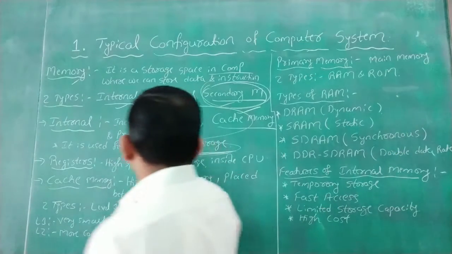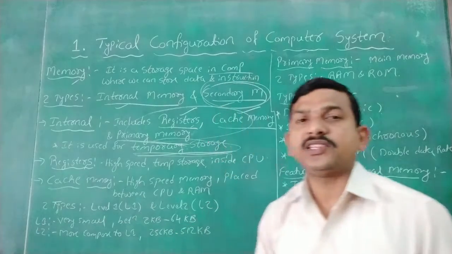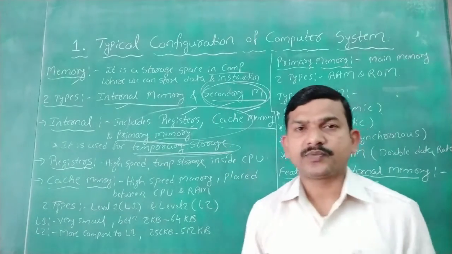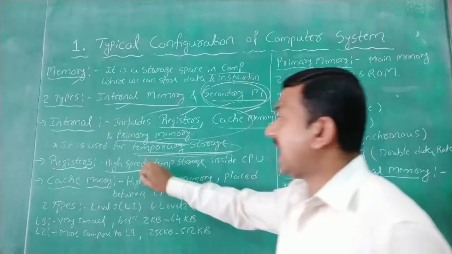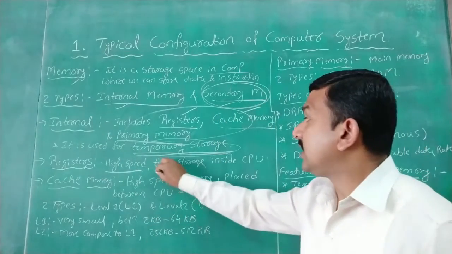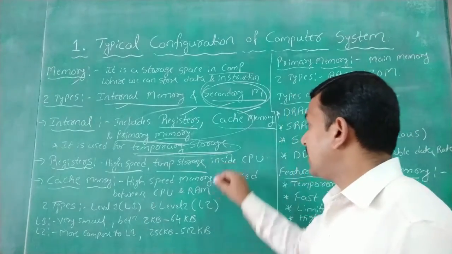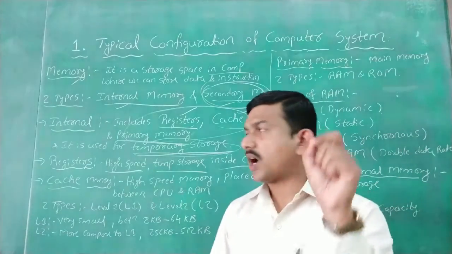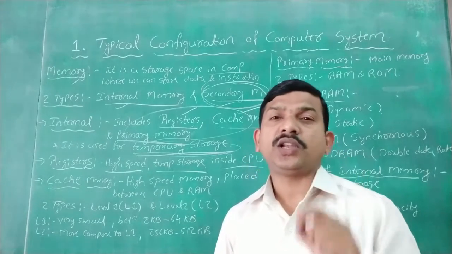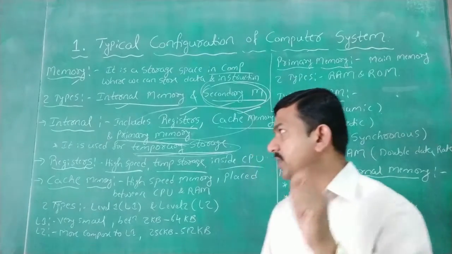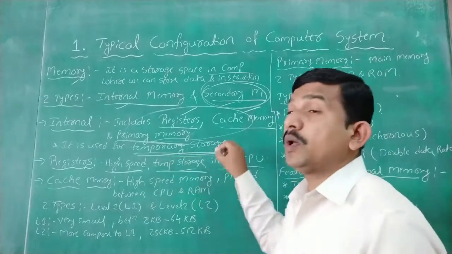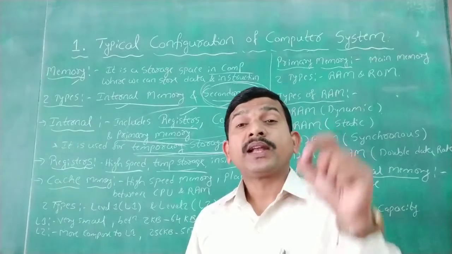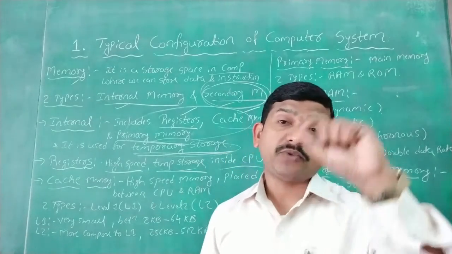Now let us discuss one by one. The first one is the register. What is this register? It is a very high speed component and a temporary storage which is inside the CPU. It is a high speed storage device for temporary storage purposes. Remember, the register is mainly used for temporary storage, not for permanent.